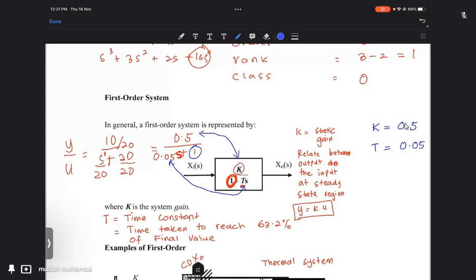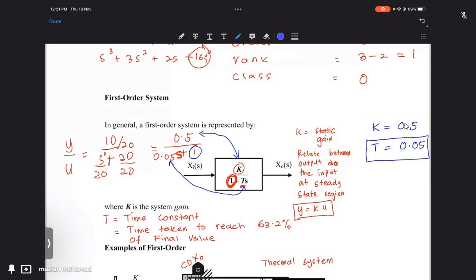So by knowing the value of k and t, we can predict the behavior of the system. The most important parameter here between k and t is t.